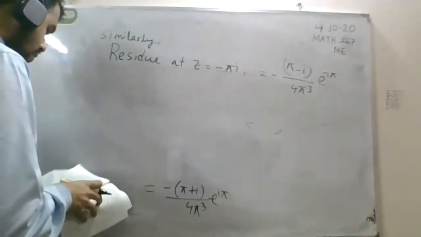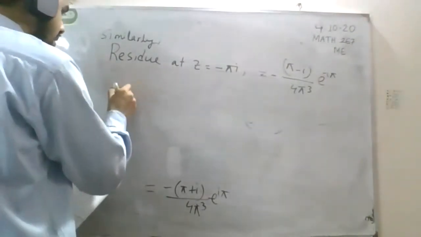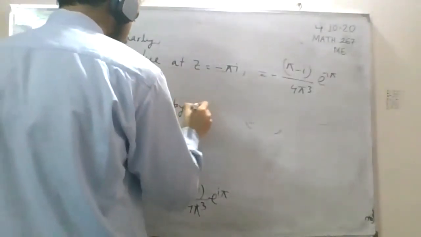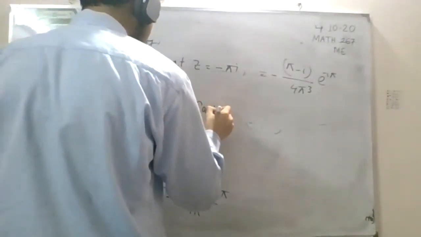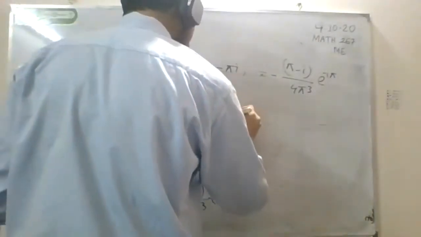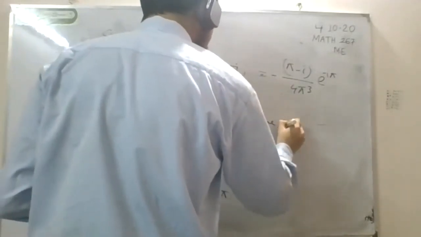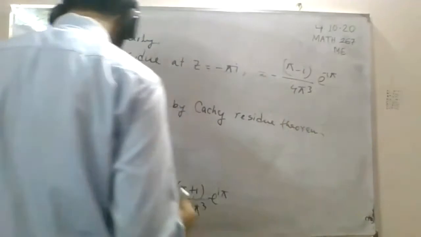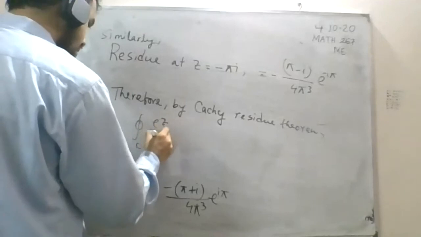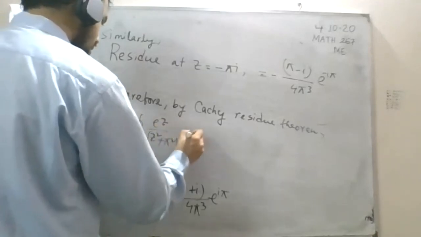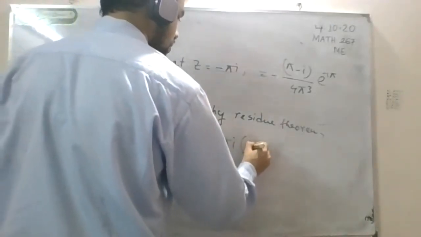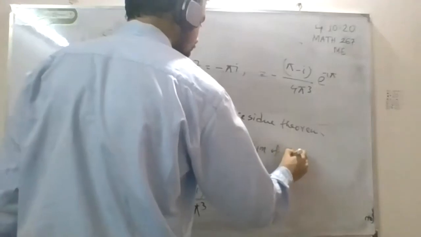Okay, so now you can say therefore we have to use the Cauchy residue theorem. You can say the integral of the function over z square plus pi square dz equals 2 pi I into the sum of the residues.